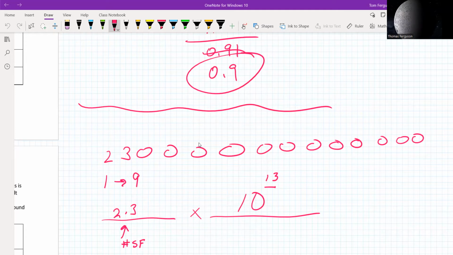It has to do with where the 0 lies. If it lies at the end of the number, it's not significant unless there's a decimal point in the number. So if it's at the beginning, it never counts. If it's in the middle, it always counts. If it's at the end, we ask: decimal point, yes or no? If yes, it counts. If there's no decimal point in the number, it doesn't count. So like 100, how many sig figs is that?